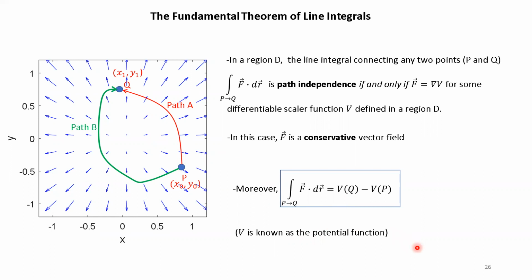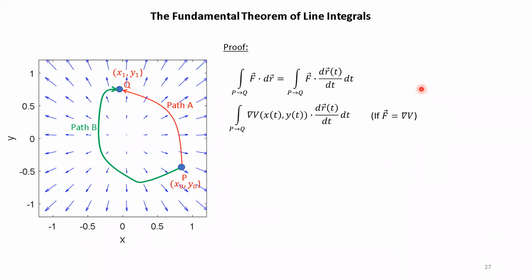When you learn your E&M, you will have the electric field and electric potential. Your electric field is a conservative field, and it can be expressed as the gradient of an electric potential function. Of course, there you add a minus sign, but that's the convention. So this is the statement of this very strong, powerful fundamental theorem of line integrals.